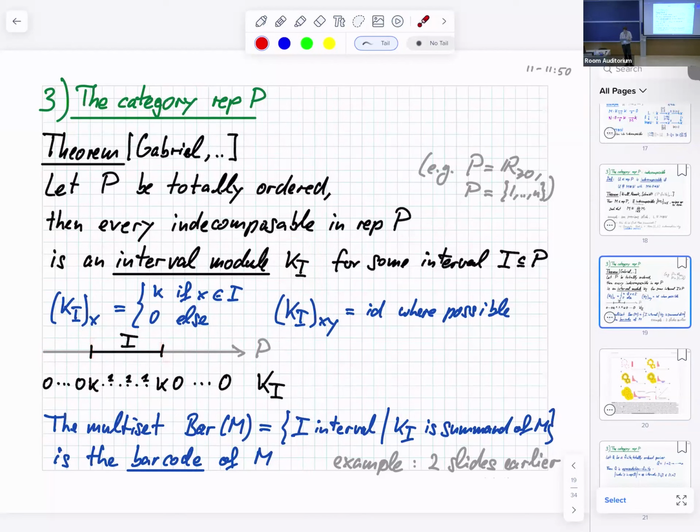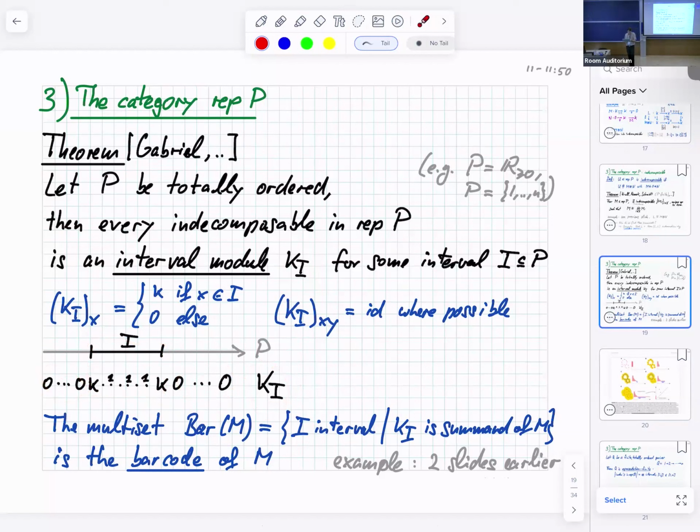And so when I have given an interval as a subposet, then I consider the module which is given by that interval, and this module is something like an indicator function, like a characteristic function of that interval. So the module, which is given by vector spaces, should be the one-dimensional vector space whenever I have a point in the interval and 0 outside. So it's really the indicator module of the interval.